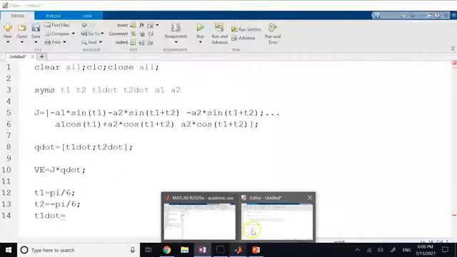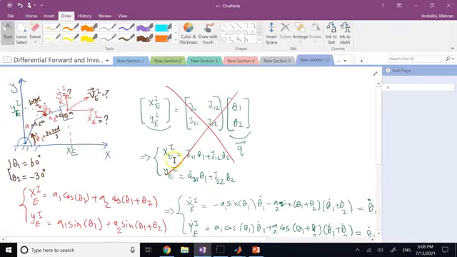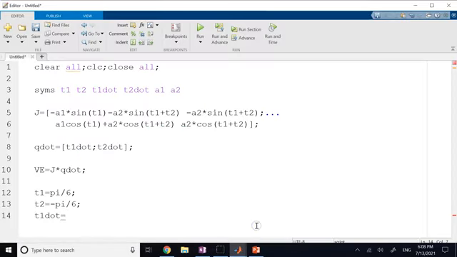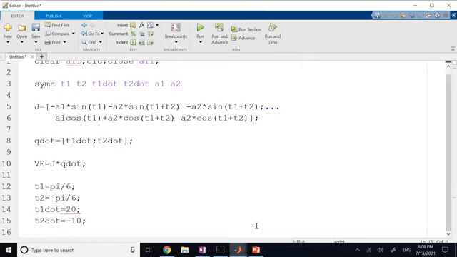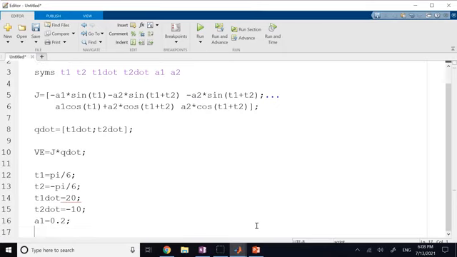So we had 20, 10, but negative 10 actually. And then 0.2 meters and A2 is 0.15 meters.